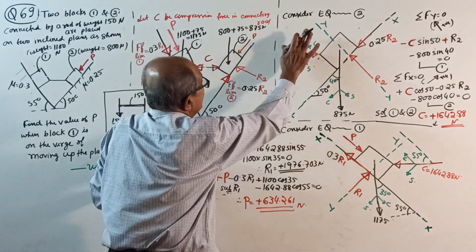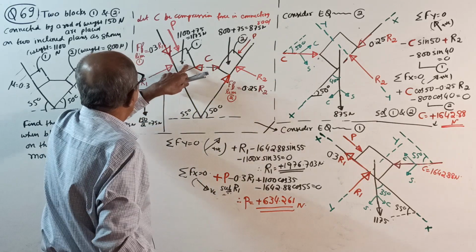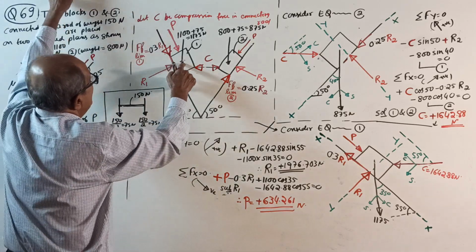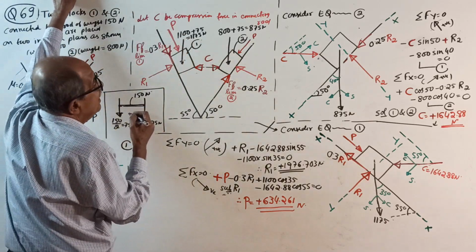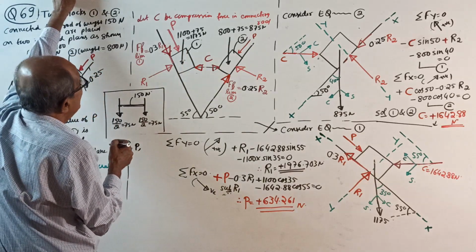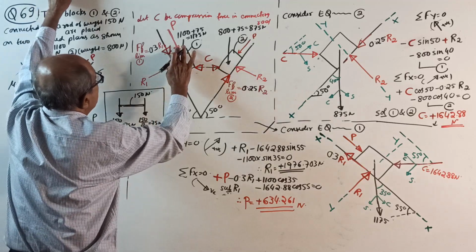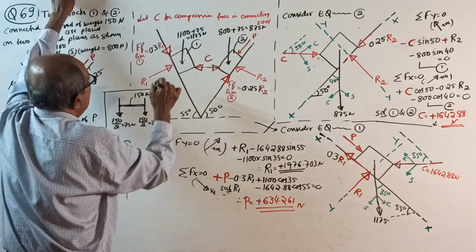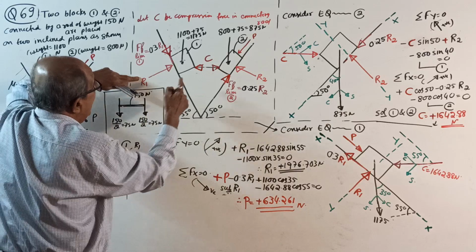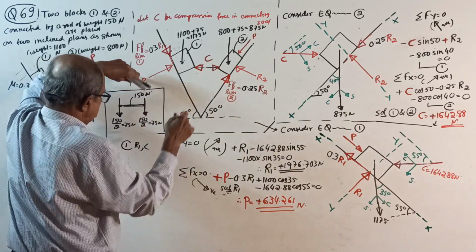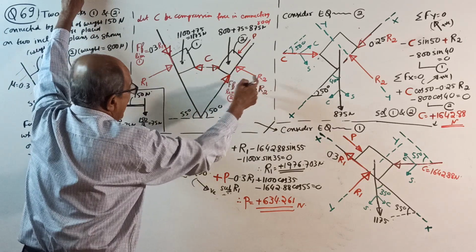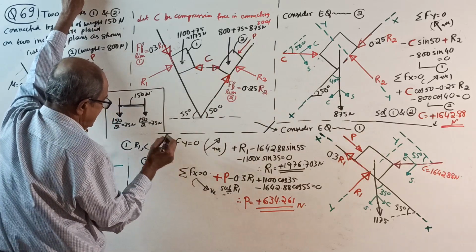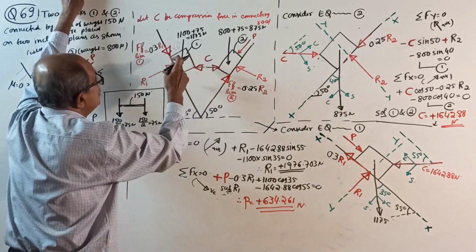Block 1 has unknowns R1 and C, not P. Whereas block 2 has unknowns R2, P and C. So there are 3 unknowns here, 2 unknowns here.